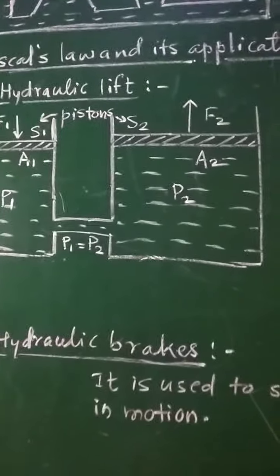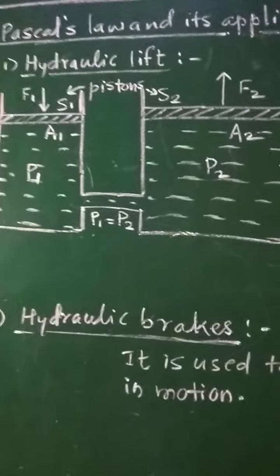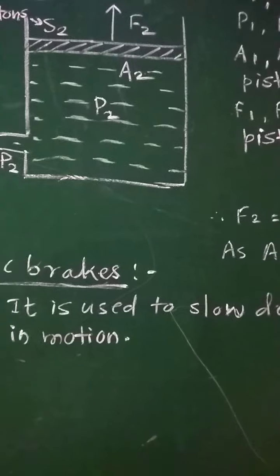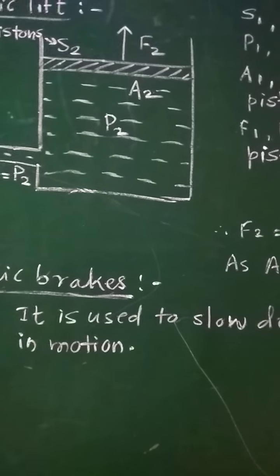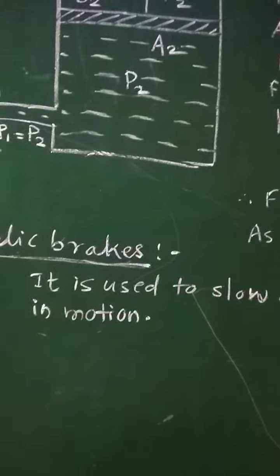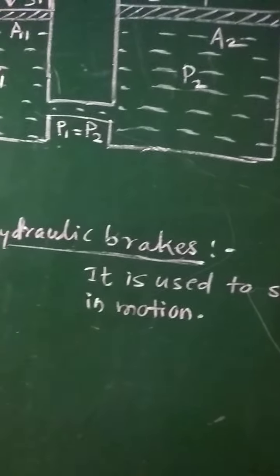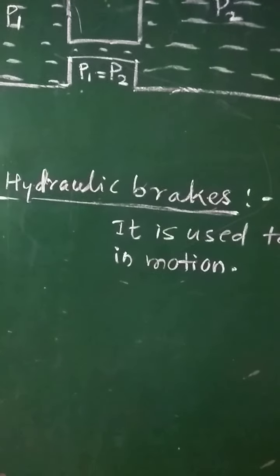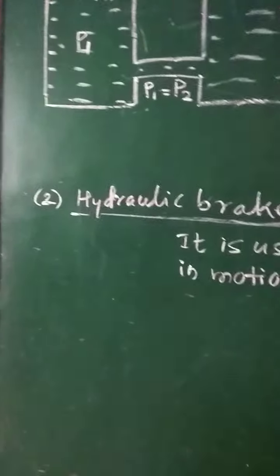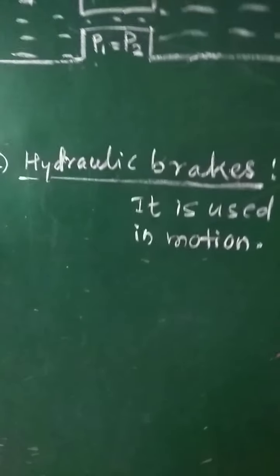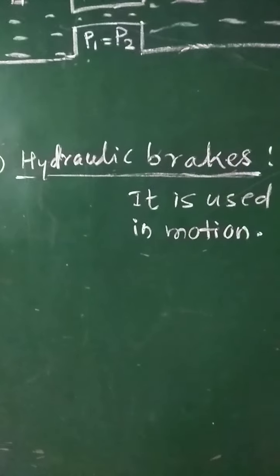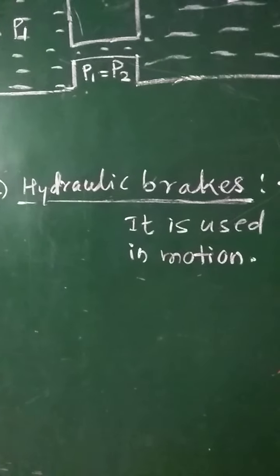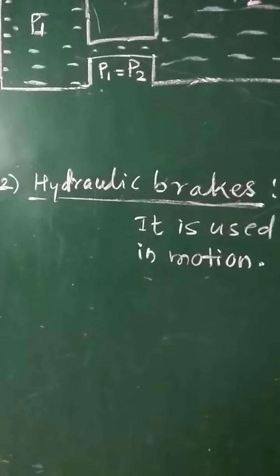These hydraulic brakes are used to slow down or to stop any vehicle in motion. And therefore, this concept of hydraulic brakes will be useful to stop or slow down moving vehicles, and hence the working of this will be similar to that of the hydraulic lift.